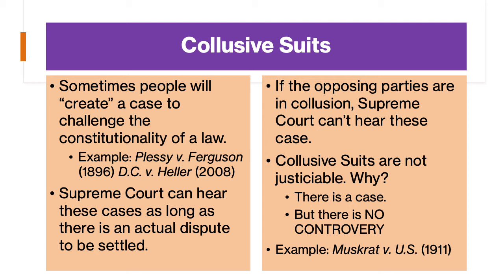In that case, the United States had laws on the books regarding distributing land to Native Americans. And there was some question about whether or not the laws that were on the books were constitutional.